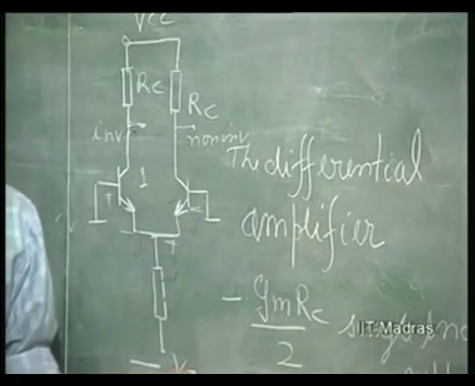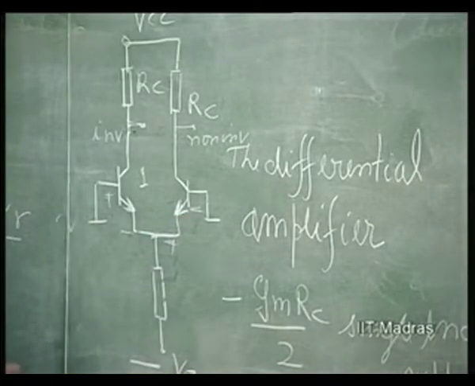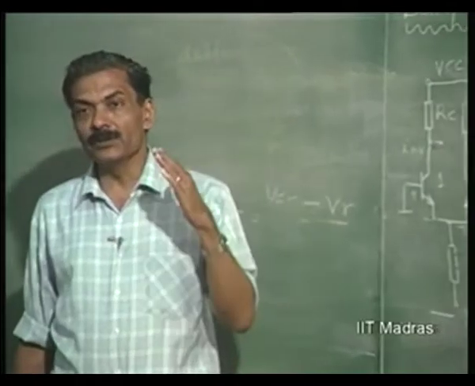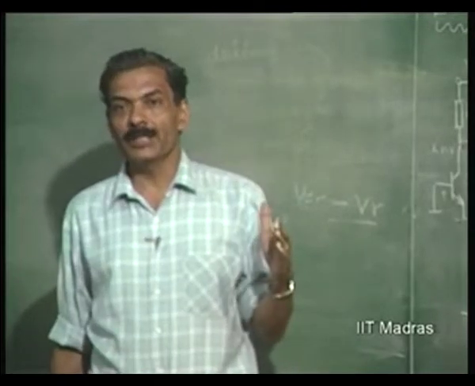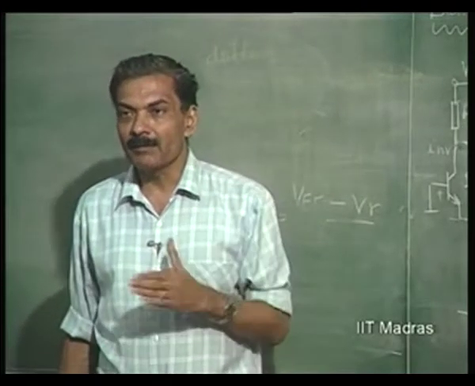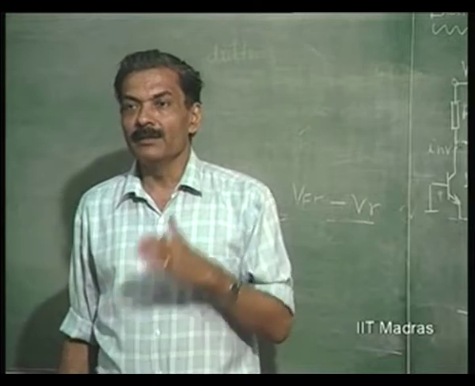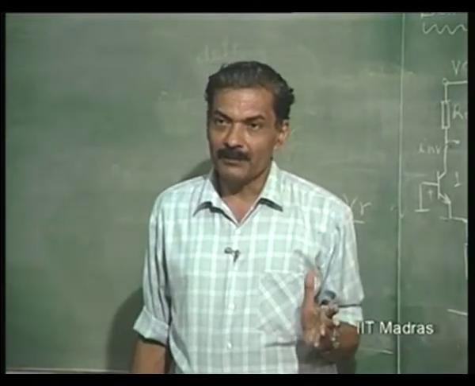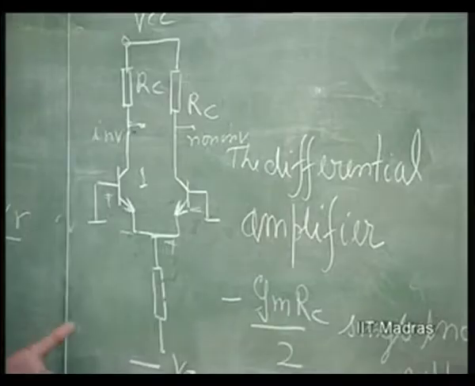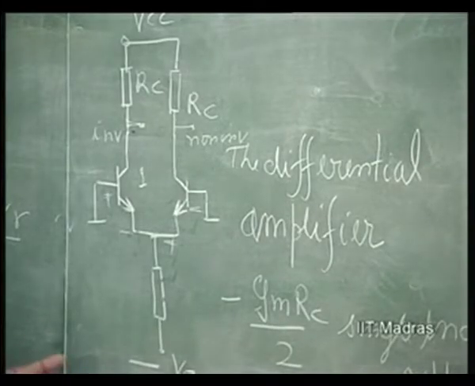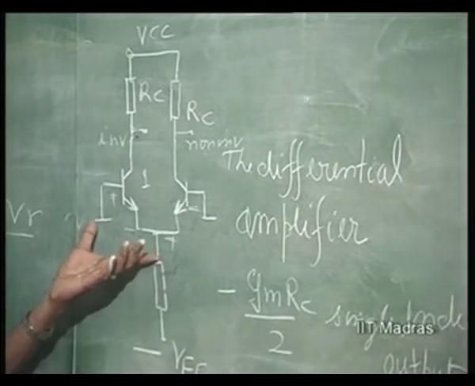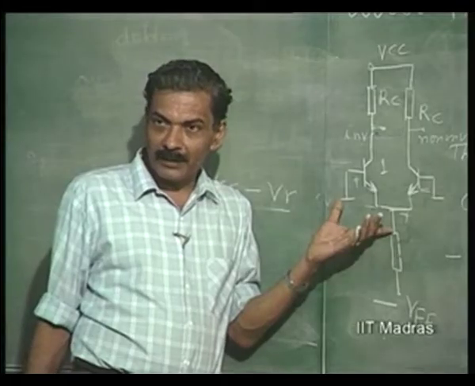A differential amplifier in place of a common emitter amplifier. Therefore, there is no reason for you to ever use a common emitter amplifier when you have the differential amplifier, which is superior and available at the same cost. You should never use a common emitter amplifier in future electronics.